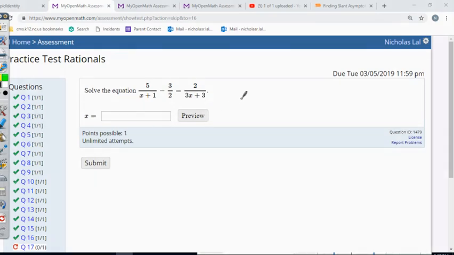All right. 5 over x plus 1 minus 3 halves is equal to 2 over 3x plus 3.